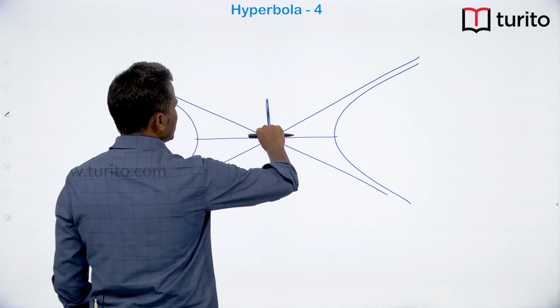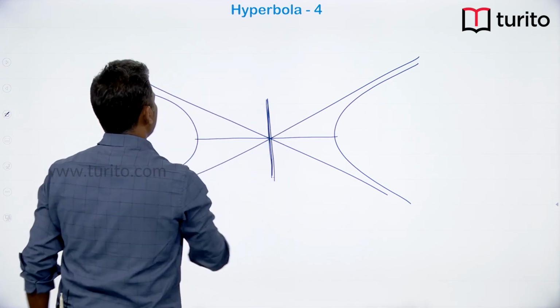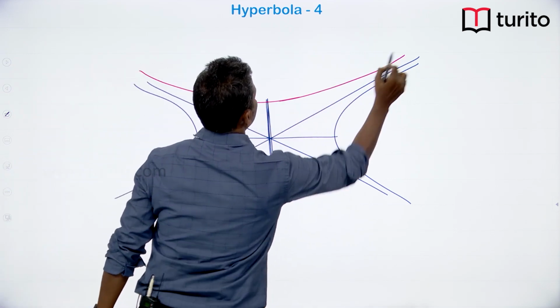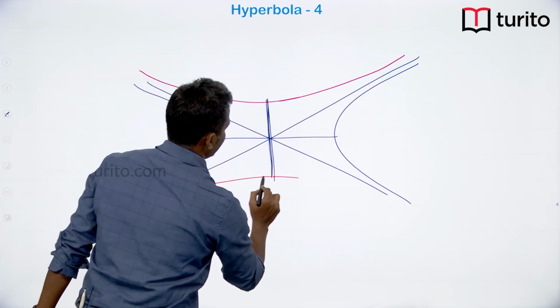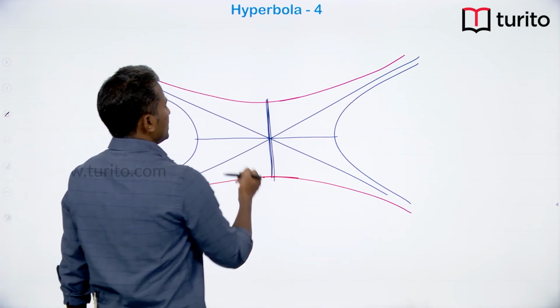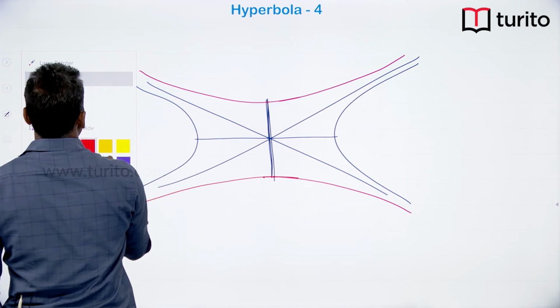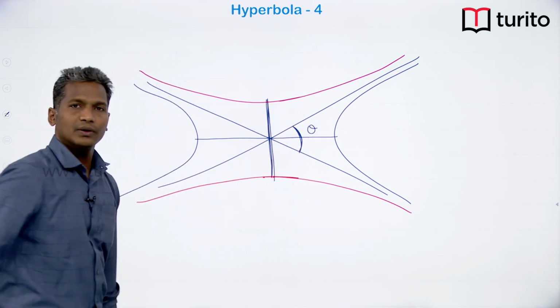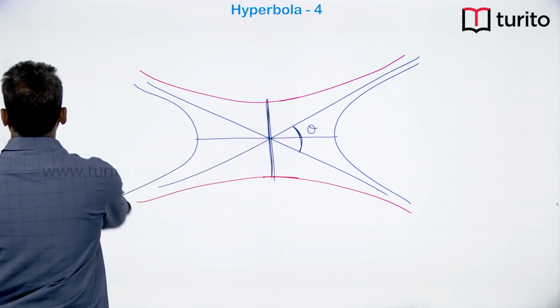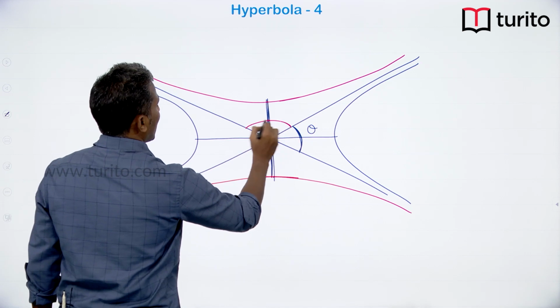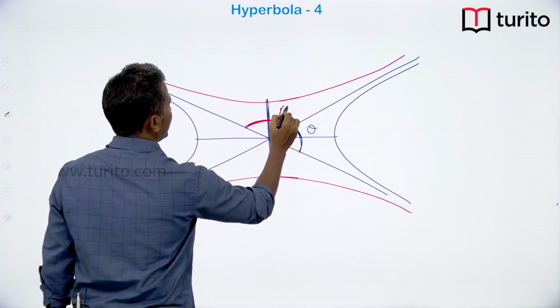So if the conjugate axis is small, it is a compressed hyperbola. What about the conjugate hyperbola? It is a stretched, very wide hyperbola. Now I will take the angle between the asymptotes as theta, and for the conjugate hyperbola, the angle as beta.